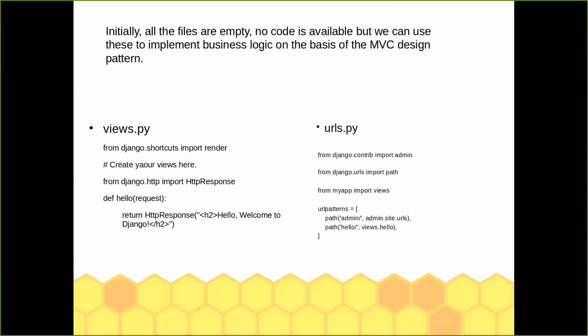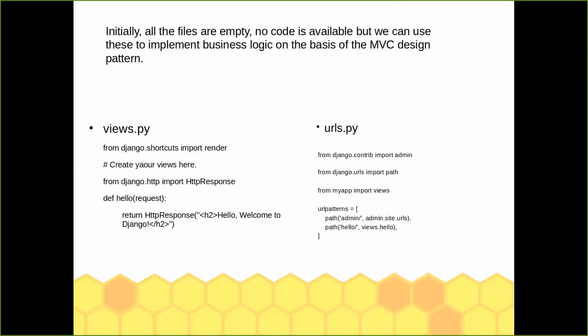No code is available, but we can use these to implement business logic on the basis of the MVC design pattern. To run this application, we need to make some significant changes which display a "Hello World" message in the browser.